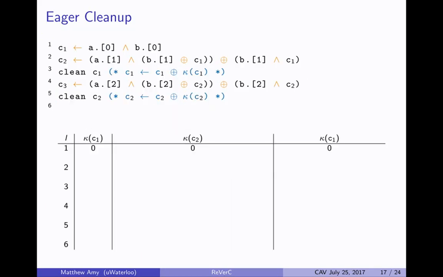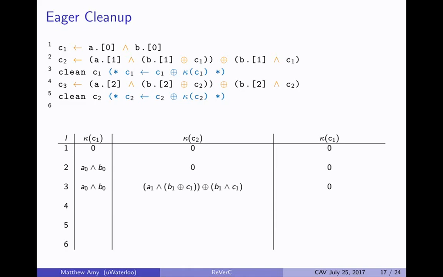Just as an example, I got rid of the other assignments and added some cleanup expressions here. Before the first statement, the cleanup expressions for each of the bits, on the right it should be C3, not C1, is 0. After we assign C1, the cleanup expression is now A0 and B0.